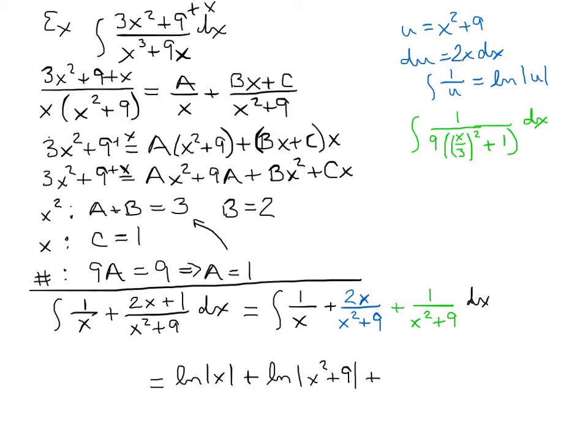So now if I pick u as x over 3, then du is going to be 1/3 dx. So for this integral now, I still have that 1/9. For my dx, that's going to be multiplied, so if I think of just having dx, I think of multiplying by 3.